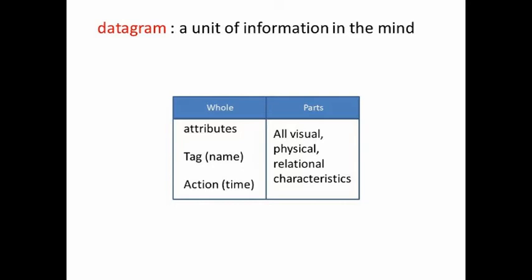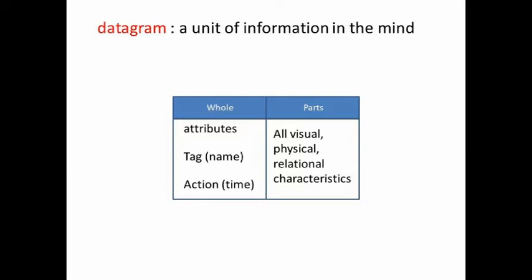In the right side, we put all the details or parts of that thing. It could be parts of it, which are visual or physical attributes. For example, we have these constants, magnetic constants, electrical constants of that person, or how soft or hard it is, or whatever.